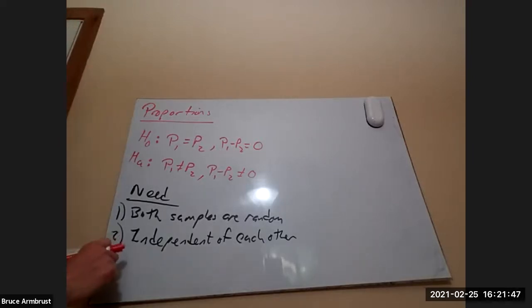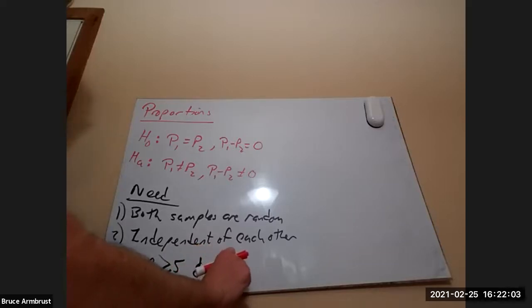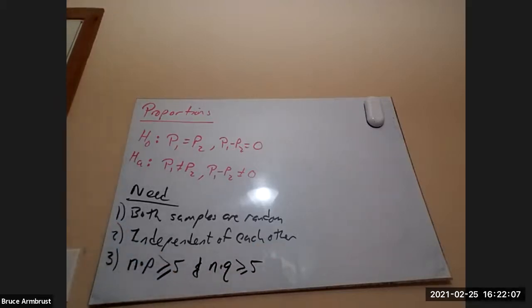But then the other thing that's kind of weird is that for this, we need n times p to be greater than or equal to 5 and n times q to be greater than or equal to 5.